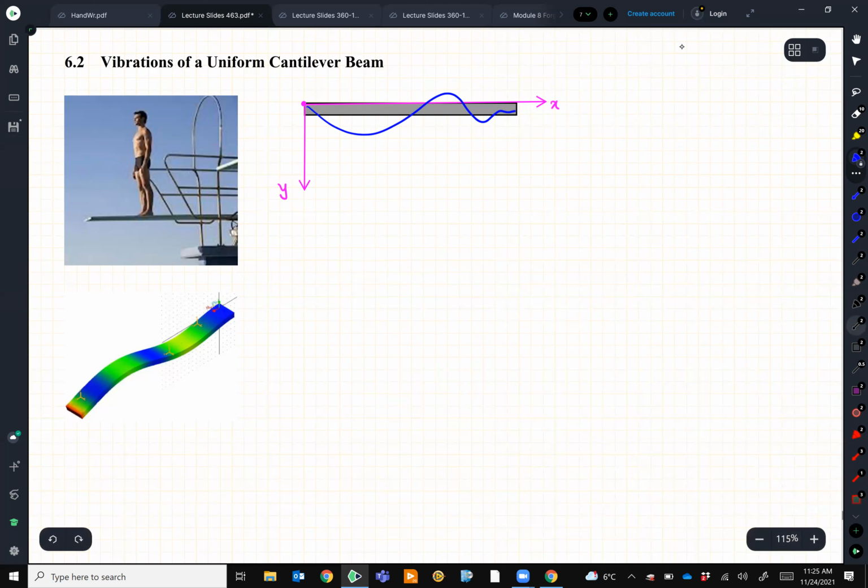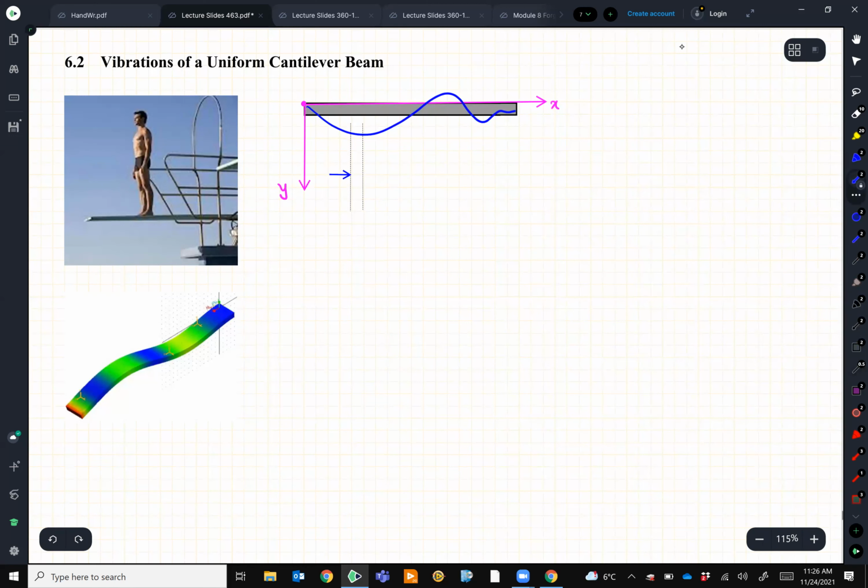So I need to apply Newton's law, but similar to a string, as you saw on Monday, we cannot do it for the whole thing. What we need to do is pick a small portion of it. Let's exaggerate for now, but this dx we assume is very, very small.